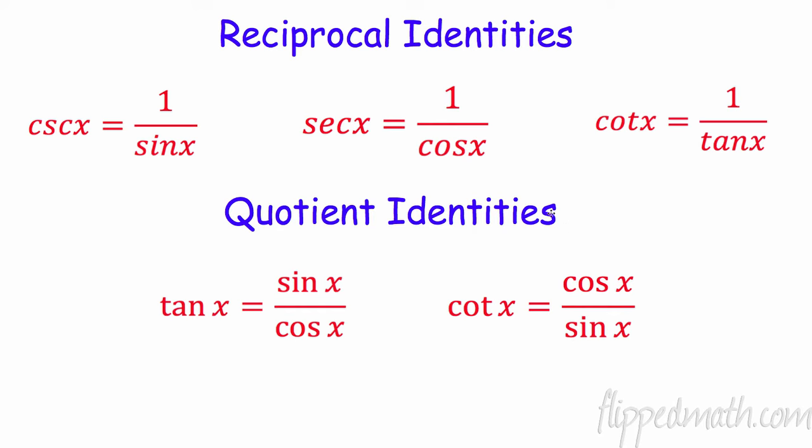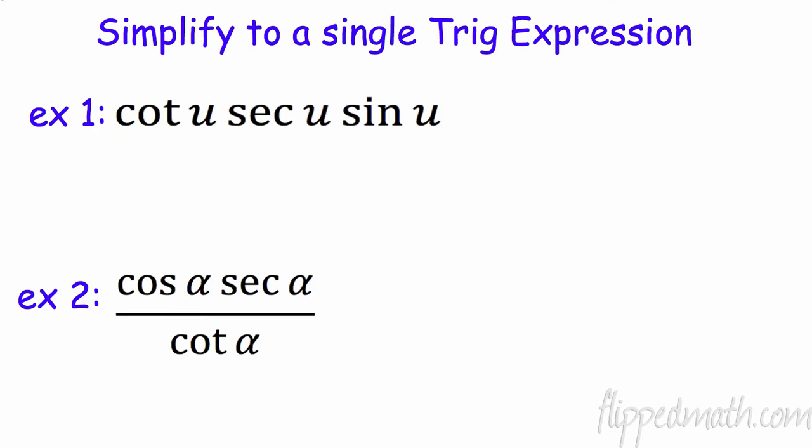Now down here we have our quotient identities. In other words, tangent x, if I were to write it in sine and cosine, would be sine divided by cosine. And then, of course, the reciprocal, cotangent x, would be cosine over sine. These are things you want to make sure you know, and the quicker you know them, the better off you're going to be doing these trig identities.